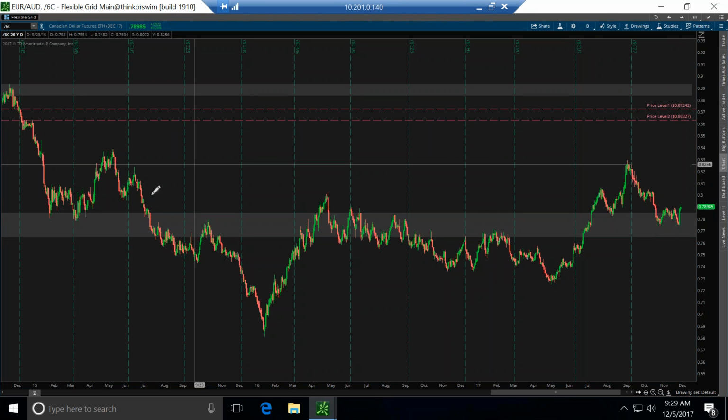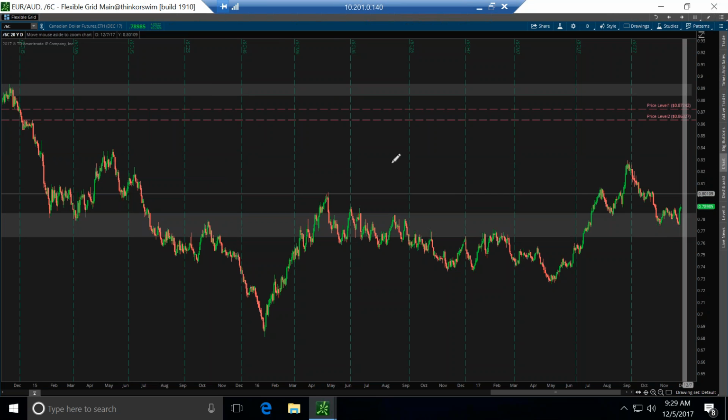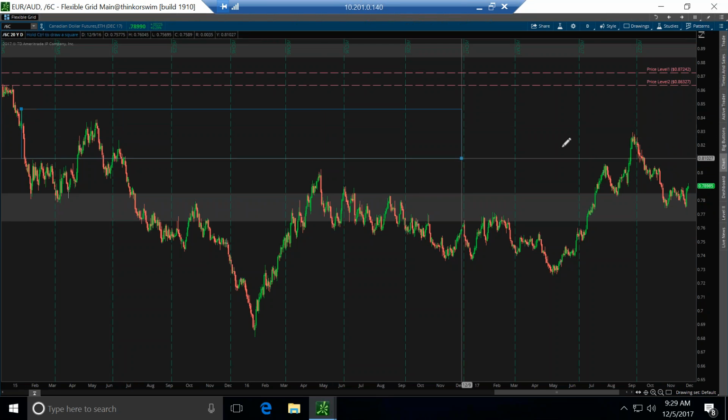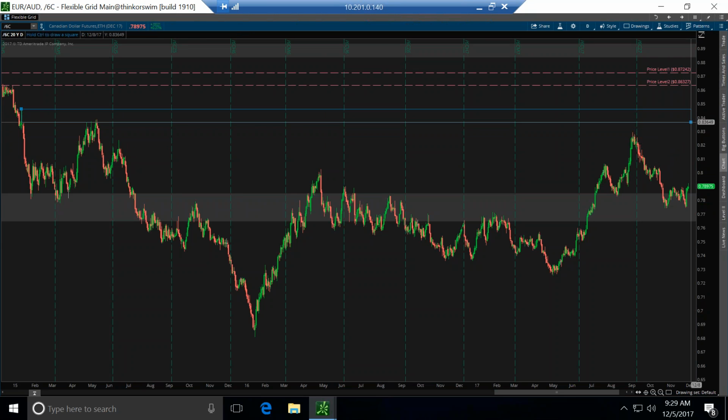But let's talk about that for a minute. With supply and demand, when you get an area like this where you get a strong, significant move preceded by a strong wick, that would be a supply level to me. So I'll mark that off.